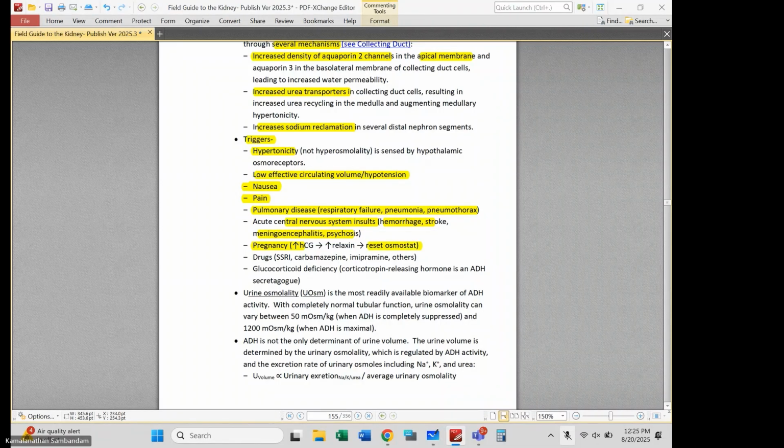Okay, and that presumably again makes teleologic sense in preparation for delivering a baby, where there is a blood loss.